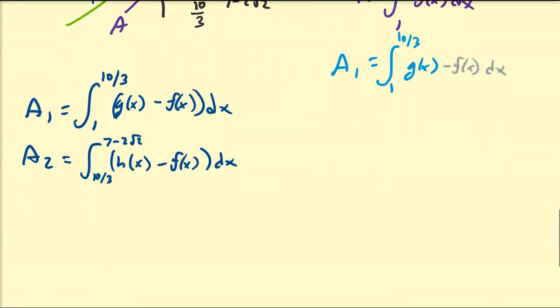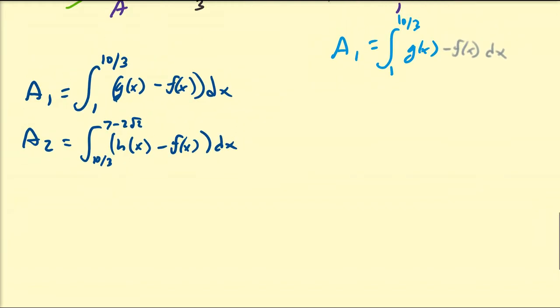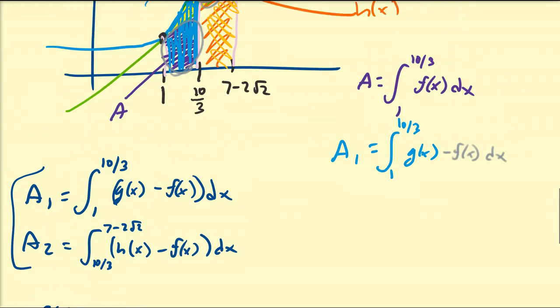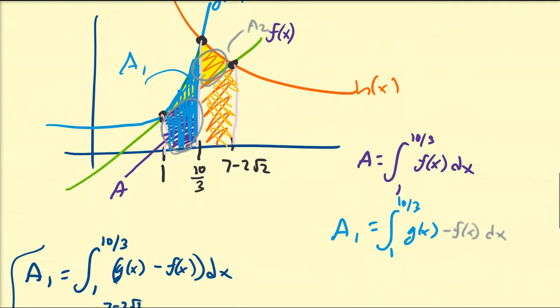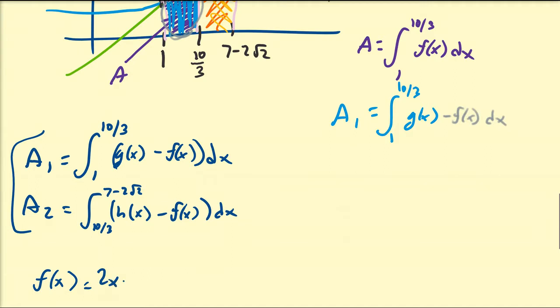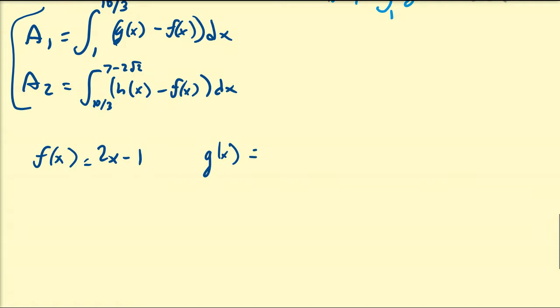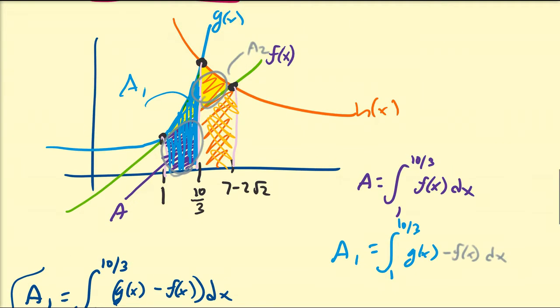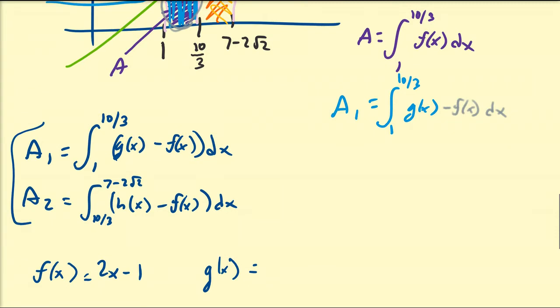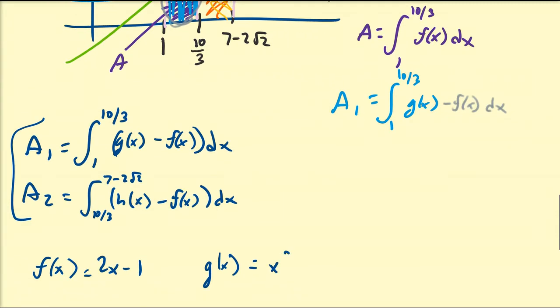So definitely a lot of things going on here. Decomposing the area is step 2. And now we need to solve these equations and then add them together. So f of x is our line by definition, so f of x is equal to 2x minus 1. g of x equals the parabola that sweeps down, so that's going to be equal to x squared minus 12x plus 40.